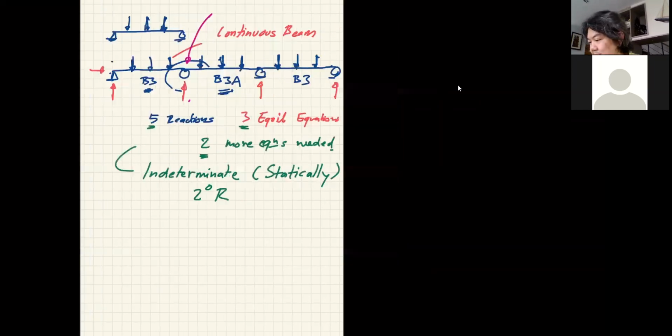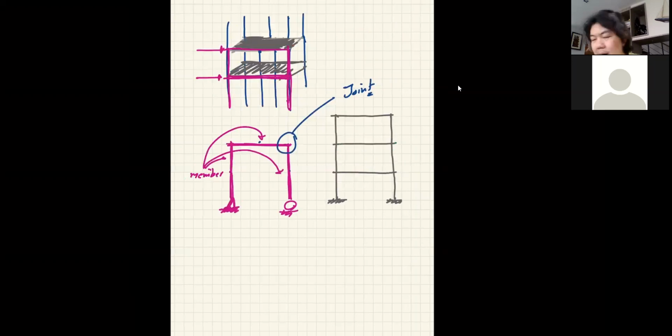But in this case, this is a rigid joint, but you don't have the support at the joint. So in terms of the structure, you have 1, 2, 3 reactions. So this is perfectly determinate. It means that you can go ahead and analyze the structure with your current knowledge because you can solve all the unknowns.